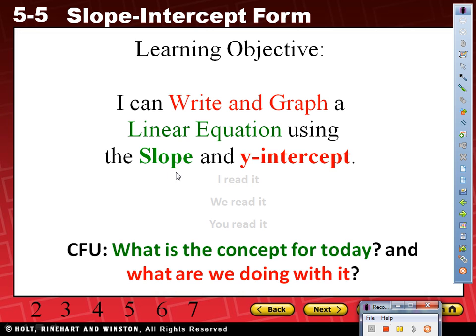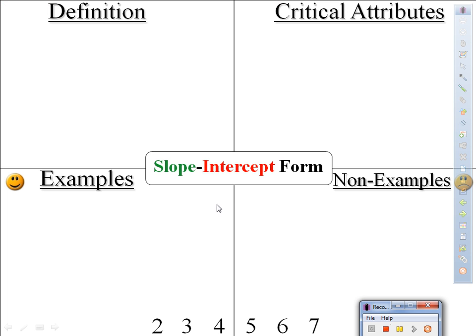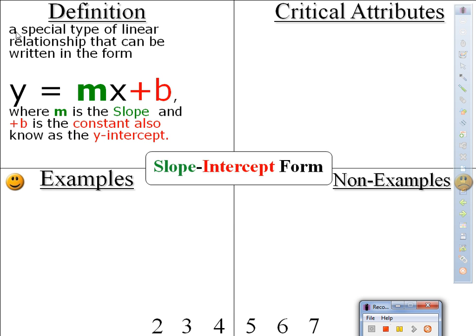So, we already know what slope is, we already know what linear equations are, but what is slope-intercept form? I give you guys a Frayer model. In the Frayer model, I wrote slope-intercept form: a special type of linear relationship that can be written in the form y equals mx plus b. Everybody look up to the screen. Y equals mx plus b is known as slope-intercept form.